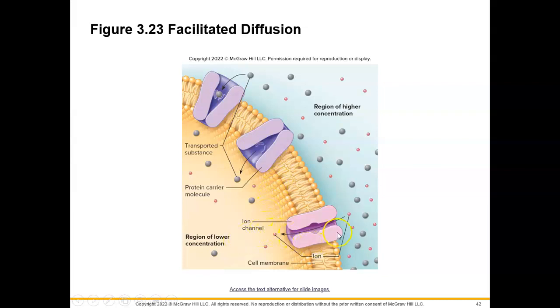A channel is an embedded transmembrane protein that has a pore, P-O-R-E, a canal, through which the substance passes. Now these carriers and channels are specific in their size and shape. They would let certain molecules or ions through based on their chemical properties like charge, polarity, and size.